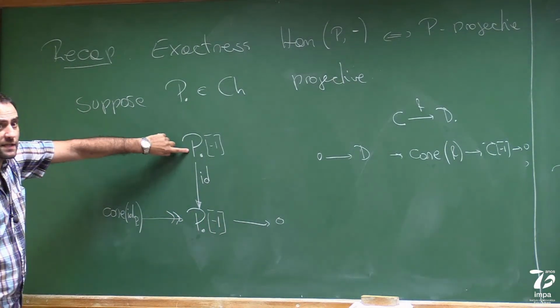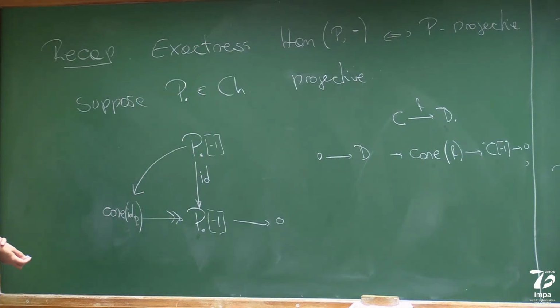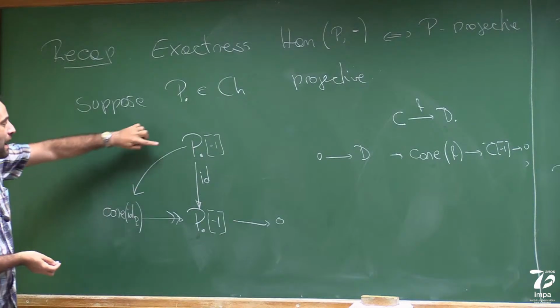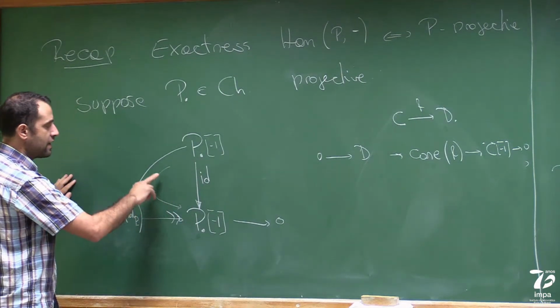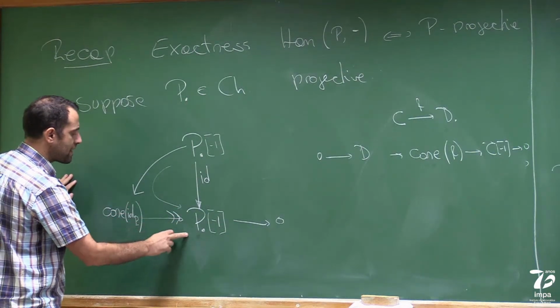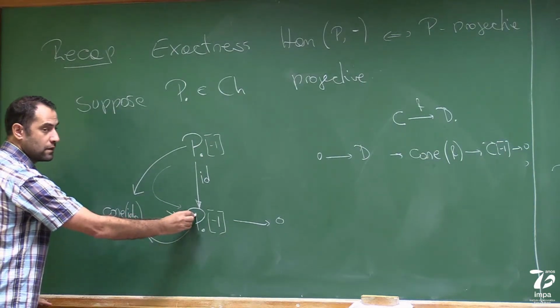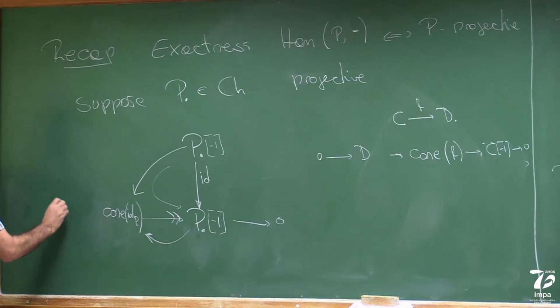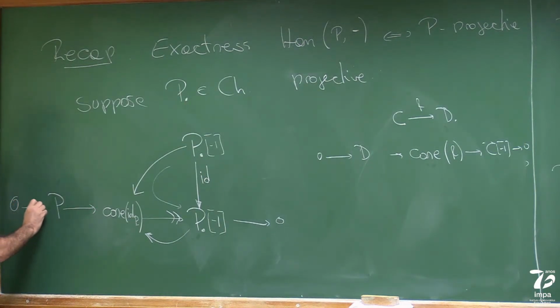And then if this guy is a projective object, this gives me a map like this. And this map is a lifting of this identity. That means that this composition here is the identity. So that's the same thing as just picking a lifting, a splitting of this surjection, whose kernel was P. This sequence is exact.